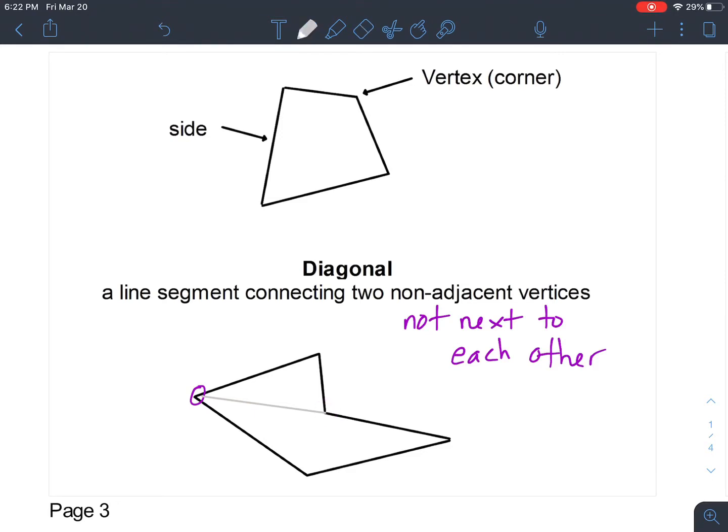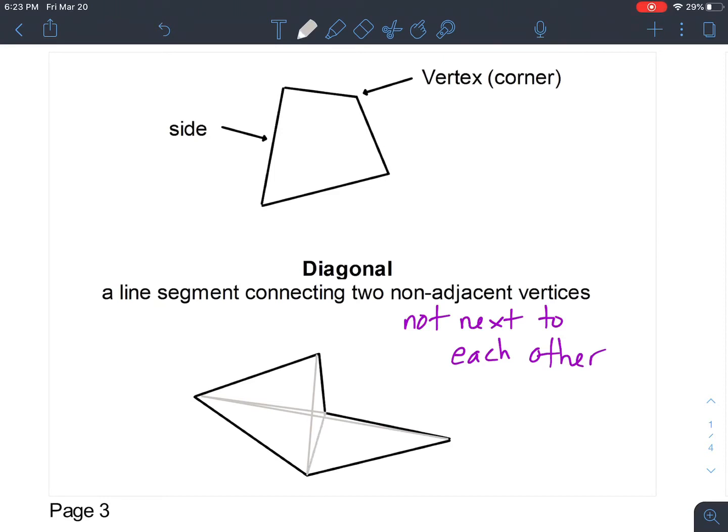I could also go between these two, and it looks like those are the only ones I can do from that part right there. Now there are many diagonals, and something kind of interesting as I draw in some of the others here is that not all diagonals have to stay inside of a shape.